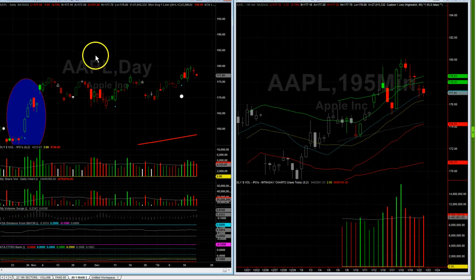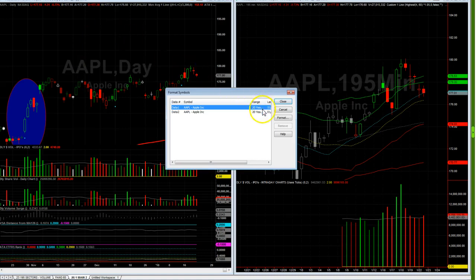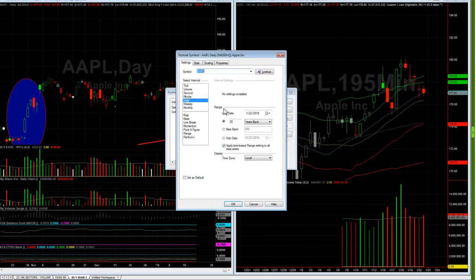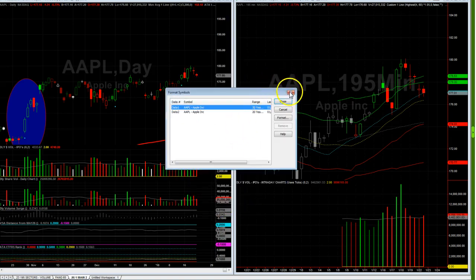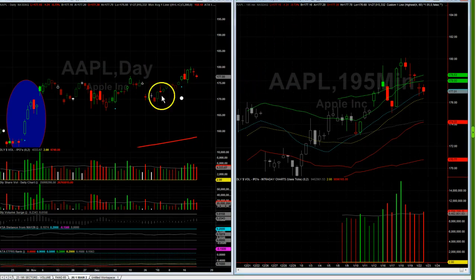And of course over here, the daily, if I wanted to see a weekly, you can right click, format symbol, double click there, and you would pick weekly. So very simple setup, daily chart, 195. That's kind of my big picture charts I like to use to gauge entries.